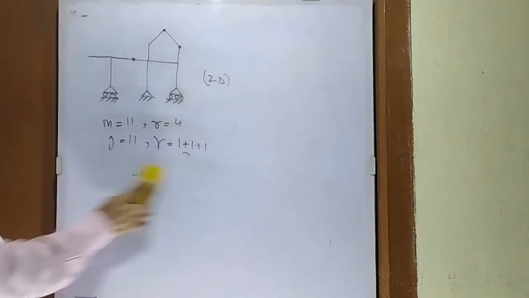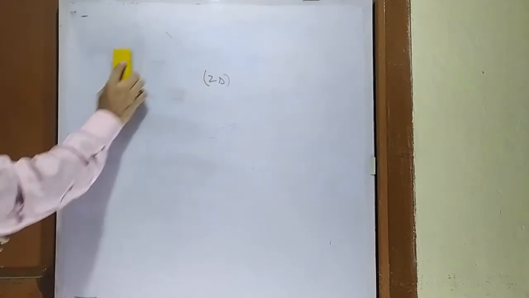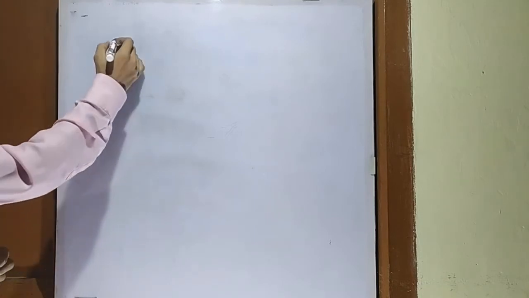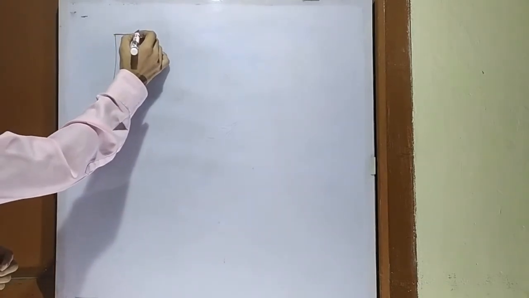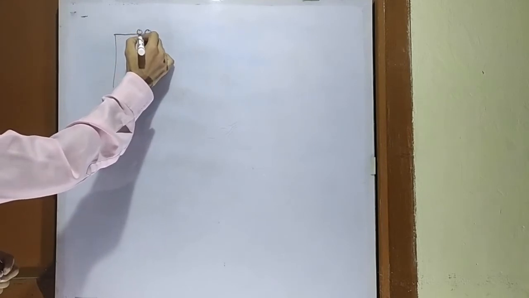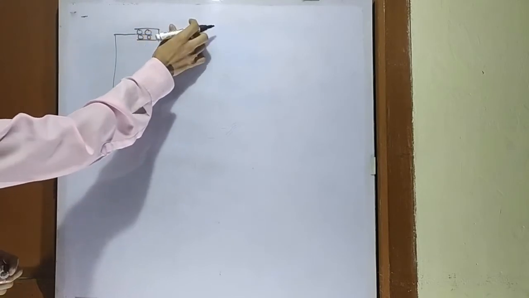Now we will take another example so that our concept becomes clear. Let us take a very simple example, and it will illustrate a very important concept. Let us see that this is a guided roller.